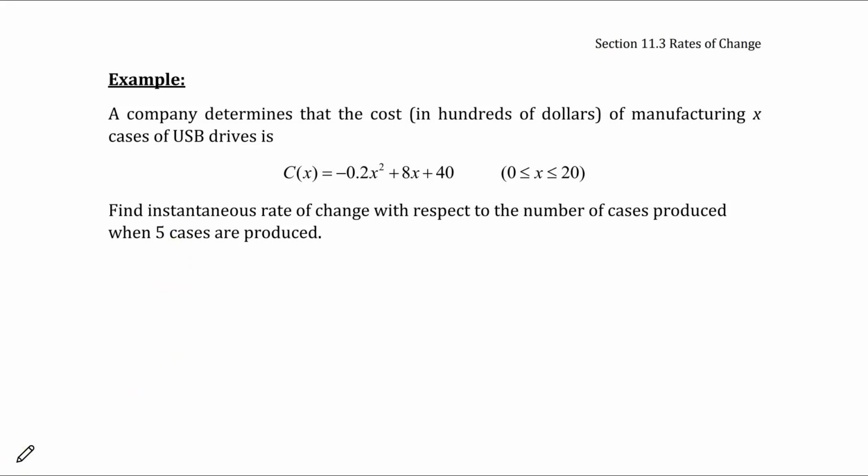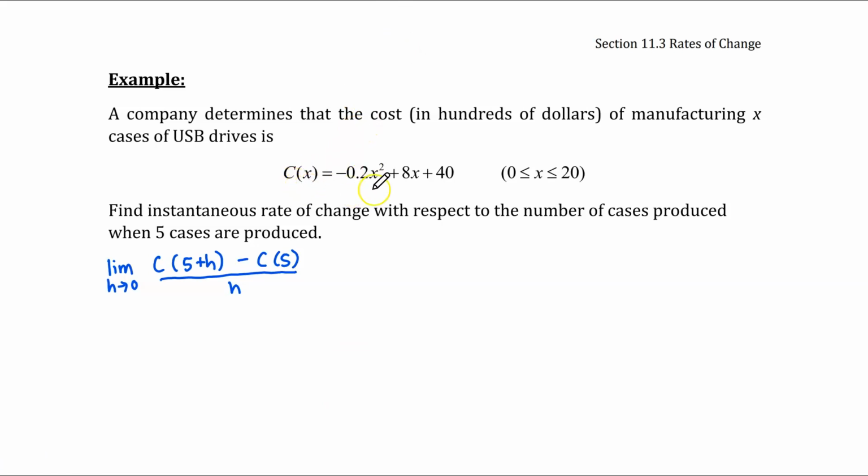The instantaneous rate of change can be computed by finding the limit of C of 5 plus H minus C of 5 all over H as H approaches 0.